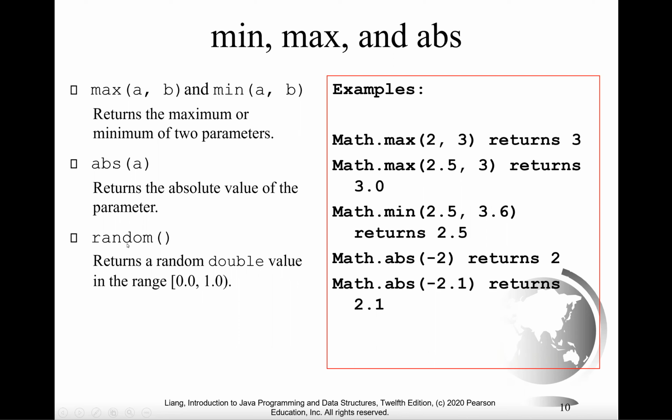Random, we already used the random method, returns a random double value in the range 0.0 to 1.0, excluding 1.0. So this is the notation, including 0, but excluding 1.0.